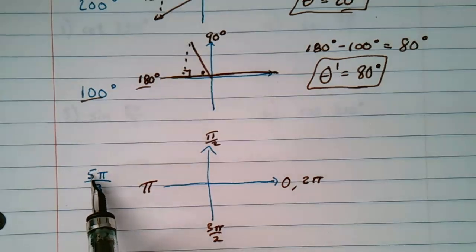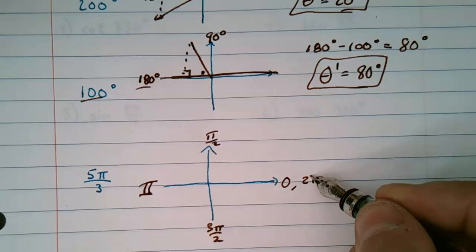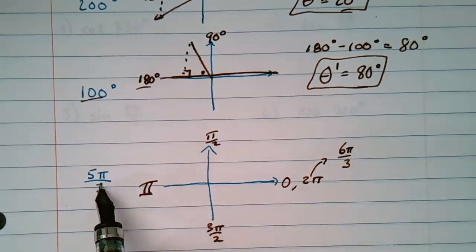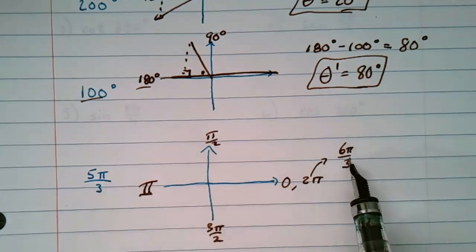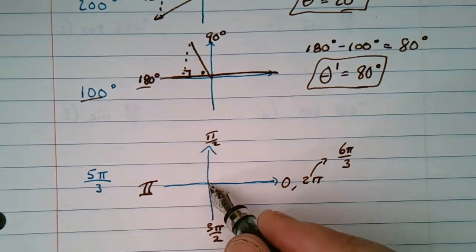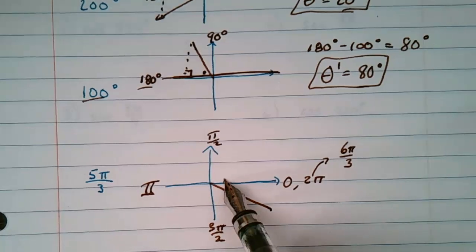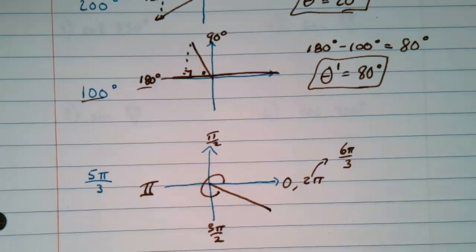The numerator is bigger than the denominator, so it's definitely bigger than a pi. And 2 pi would actually be 6 pi by 3. So 5 pi by 3 is almost 6 pi by 3. So that means this thing's somewhere in quadrant 4.